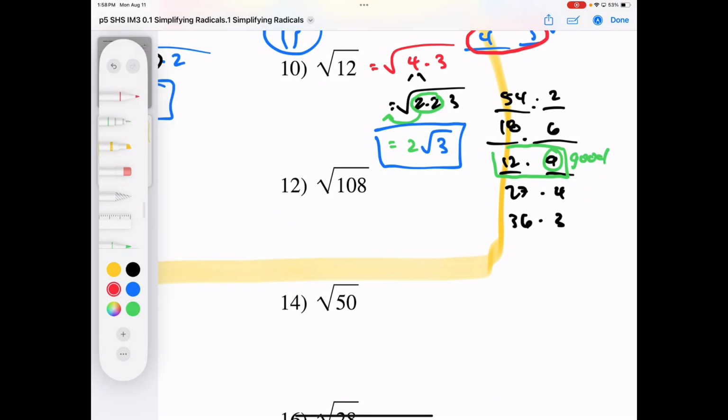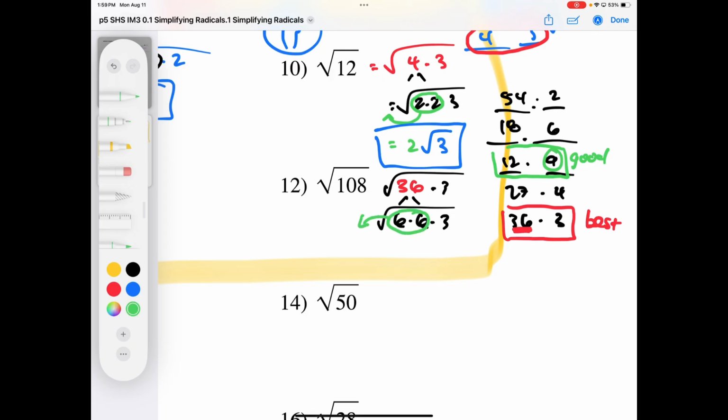Yeah, 36 times 3 is the best one because we have this. So someone said split them up, you have a pair of 6s. And then who goes outside? And what's left inside? The 3. 6 radical 3 is our answer.